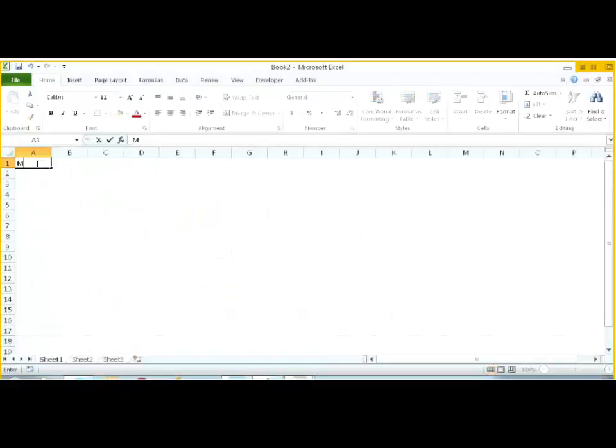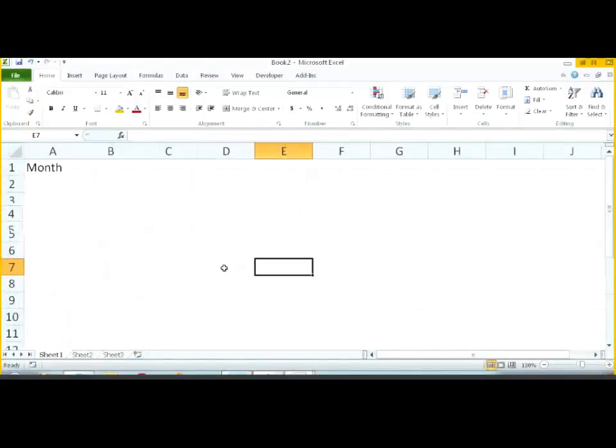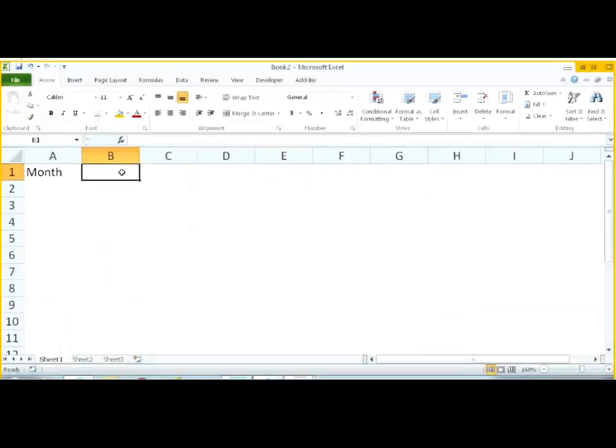Okay, so what we're going to do is have a column that is the month out of those 20 years. So I'm going to do this for 20 years. And I'm going to have a column that is the balance of the account.